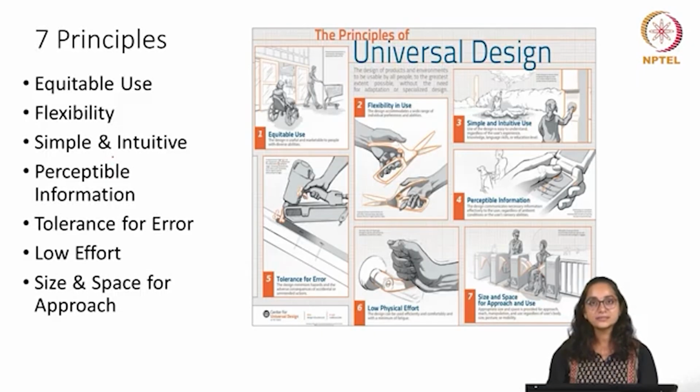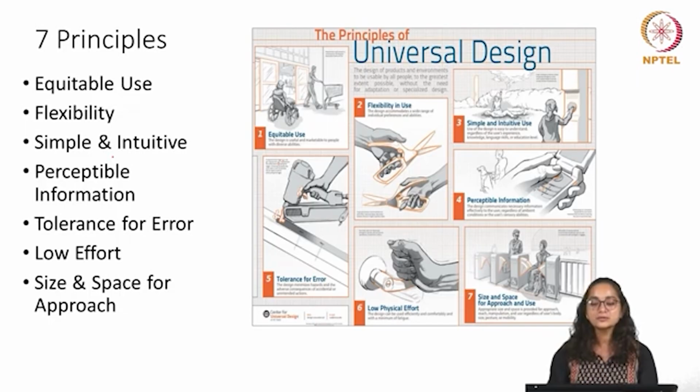That is because these principles were developed initially by architects as well as product designers in the mid 60s to 70s, when they were innovating in the domain of product design and inclusive spaces, in order to make them more universally accessible by a majority of people.